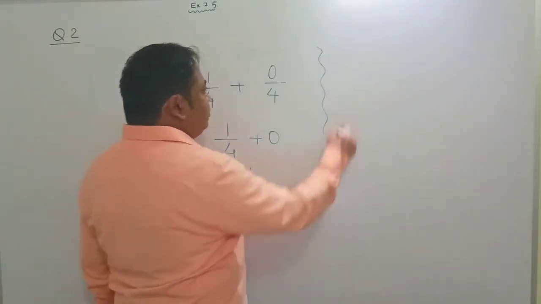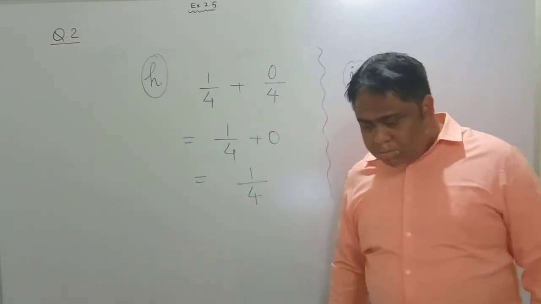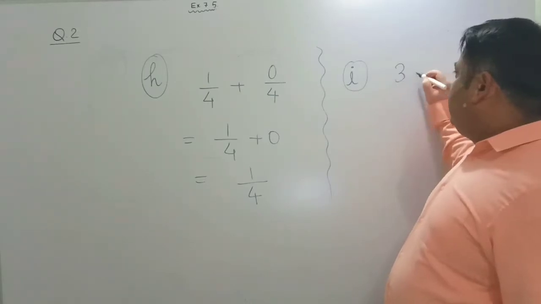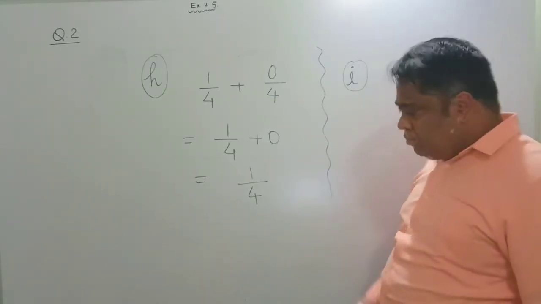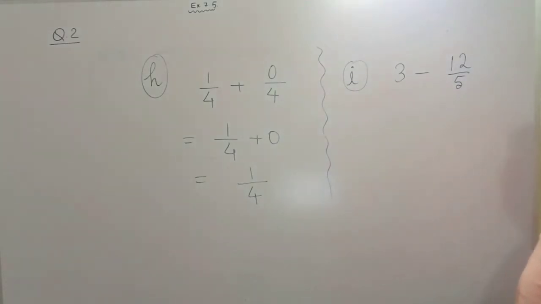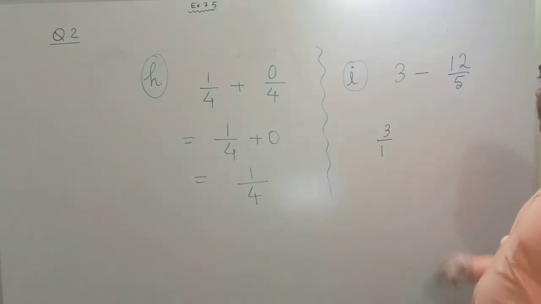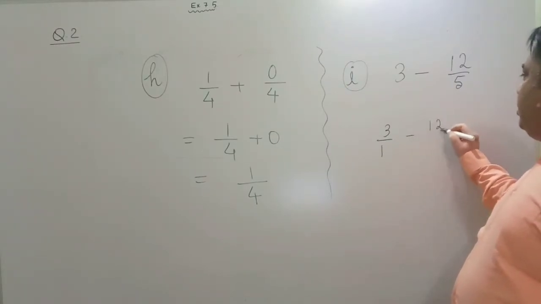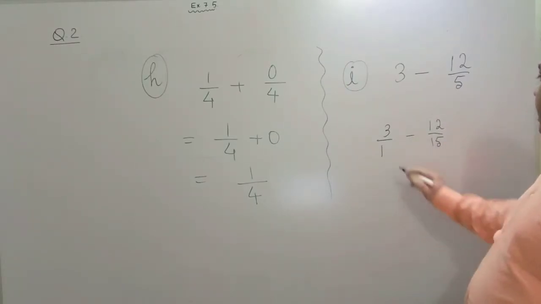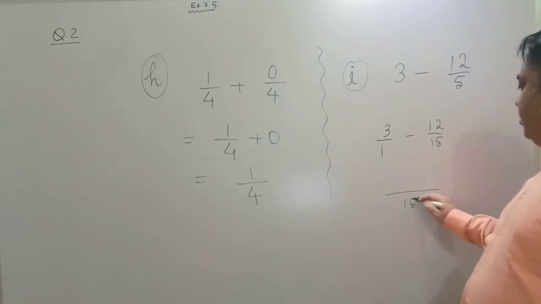Question number I. 3 minus 12 by 15. As I said, every number or any integer has a denominator which is equal to 1. So we can write 3 as 3 by 1. It makes no difference. Minus 12 by 15. LCM of 1 and 15 will be equal to 15.